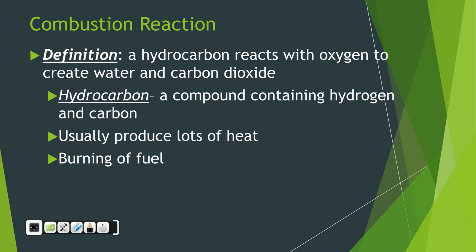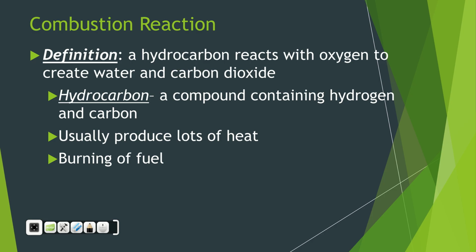We have a hydrocarbon, exactly as it sounds. A hydrocarbon is a compound with carbon and hydrogen. It can have oxygen as well, but it will react with oxygen, O2, and always form water and carbon dioxide. So these are the easiest to predict the products for. You know it's going to form water and carbon dioxide every single time.